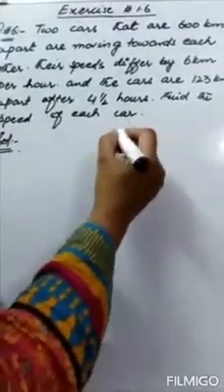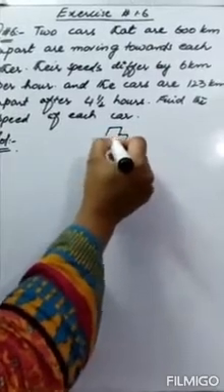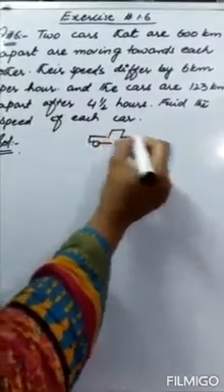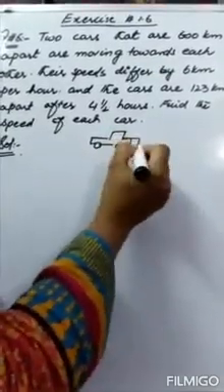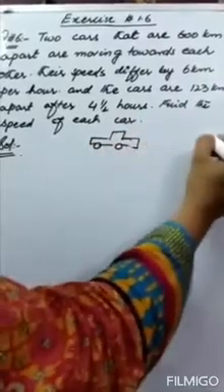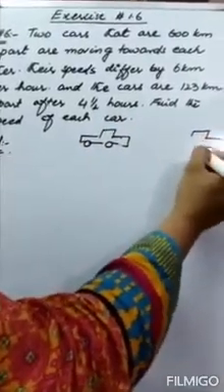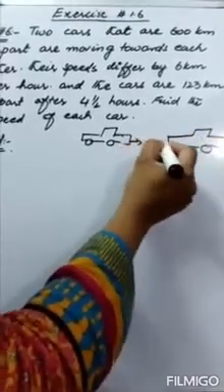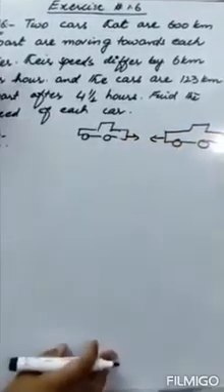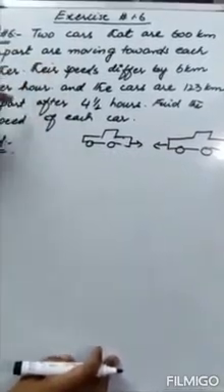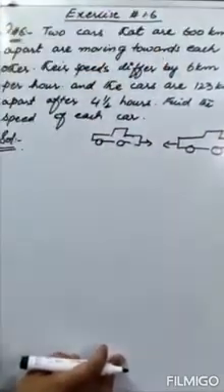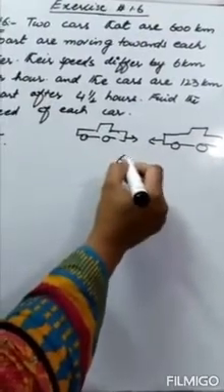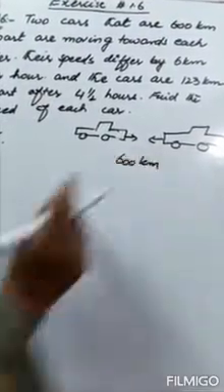Look at what the situation is. Two cars are moving towards each other. Firstly, they are 600 km apart from each other.